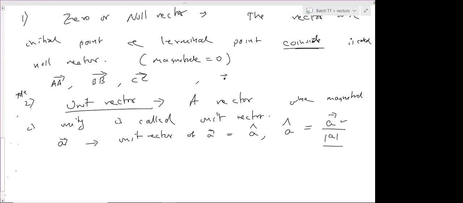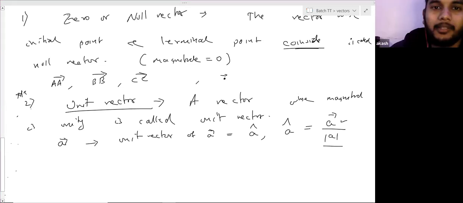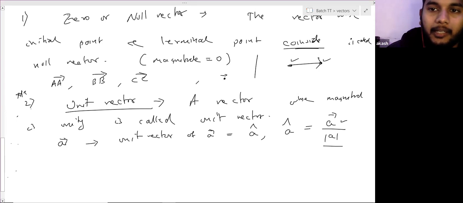So could you explain the first one? All right. The first one is zero vector. Zero vector means any vector which does not have any magnitude. Very simple. We represent a vector like this: initial point and terminal point. If the initial point and terminal point coincide, that means there is only one single point. So we can see there is no magnitude, there is no length of this vector. Right, Ahmed?